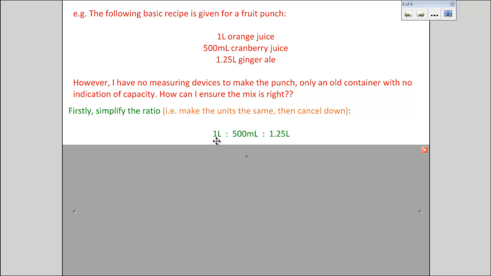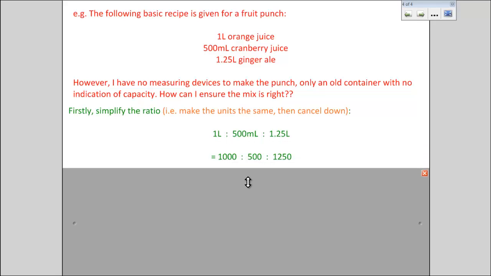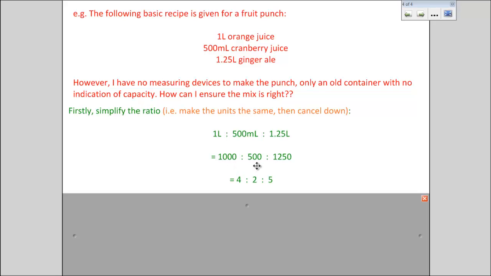So 1 litre is 1,000 mils, and 1.25 litres is 1250 mils, so we end up with something like that. Then to cancel down, we look for a number that goes into all of those. We can see that 10 goes into all of them because they all end in 0. That's not the biggest number though. The biggest number that goes into all of these would be 250, so we can cancel down all the way to 4 to 2 to 5.